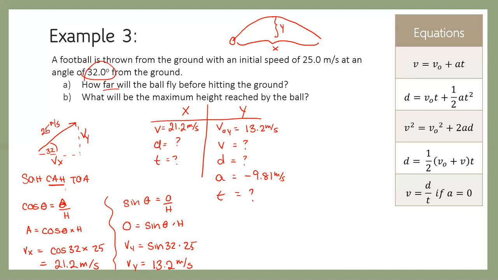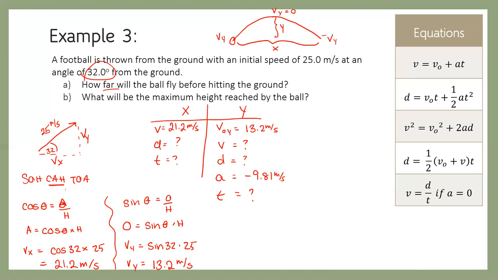Let's label it. We know two things about projectiles. Projectiles are symmetrical. At the peak, where they change direction, the velocity in the y direction is equal to 0. The other thing we know is if it's symmetrical, the velocity in the y at the beginning equals the velocity in the y at the end, but it's going to be negative.